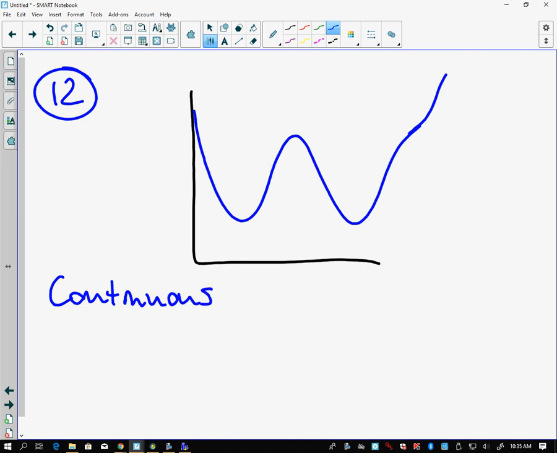Is it a function or a relation? You can't say yes to an either-or question. It's a function, because it passes the vertical line test. Let's talk about its domain. Domain is its x values. As far as we can tell, does it stop going left or right? No. So x equals all real numbers, right?